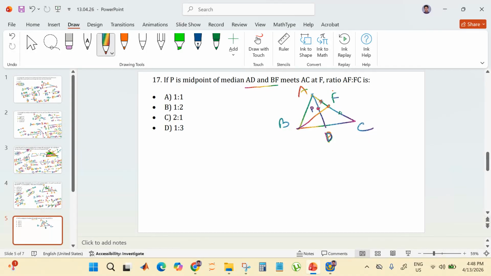Actually, AF is to FC. If P is midpoint of median AD, and BF meets AC at F, but BF is not the median. Actually, BF is passing through P. Yes, this is the BF, not here.